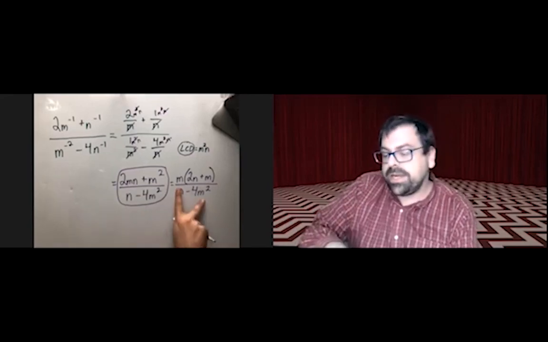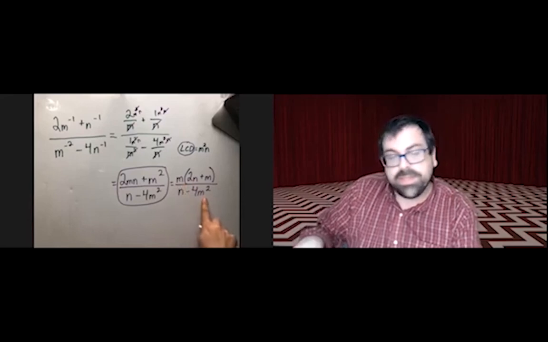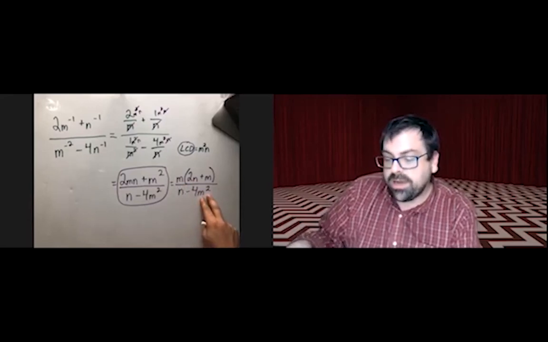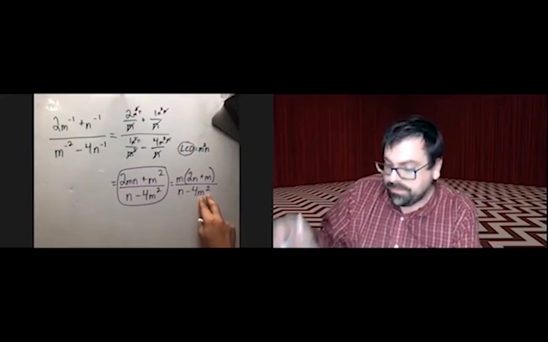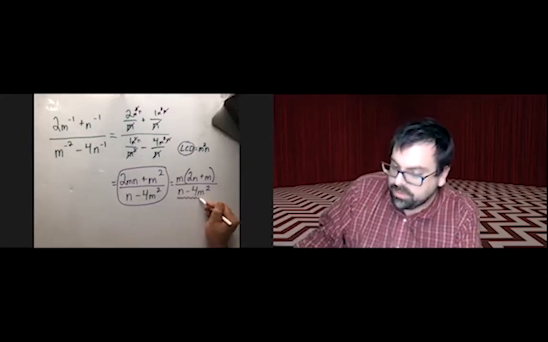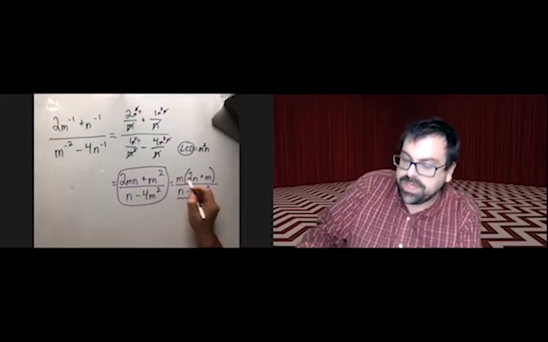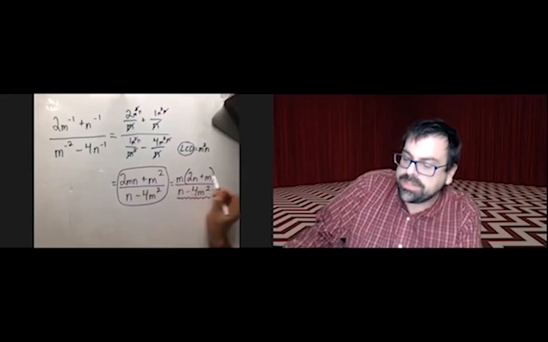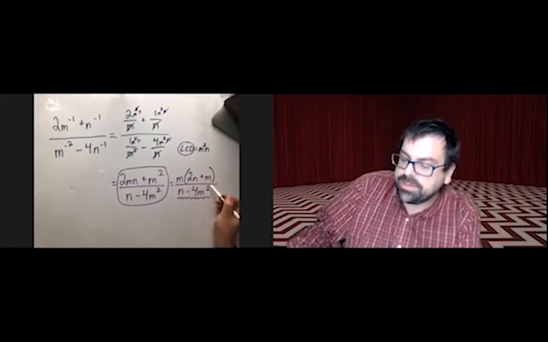If you're confused right now why I'm not canceling this m with this m squared, it's because this m squared cannot be canceled. This is all one factor. Factors are things that are multiplied together. So an m can cancel, a 2n plus m can cancel.